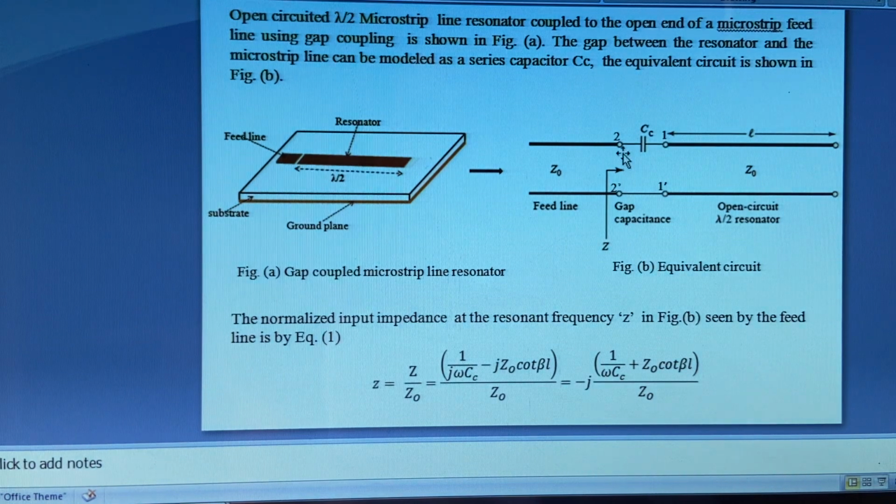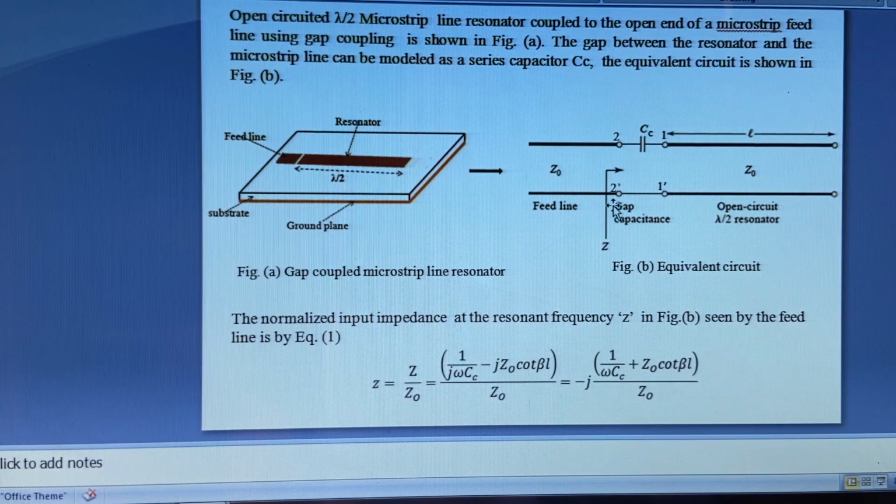Here we have to consider the input impedance at terminal 2, because this coupling capacitor gets added to the equivalent circuit of the lambda by 2 line. As we already discussed, the equivalent circuit of the open circuited lambda by 2 line is similar to a parallel RLC resonator circuit, but we should add the capacitor CC like this, because the gap adds a capacitor.